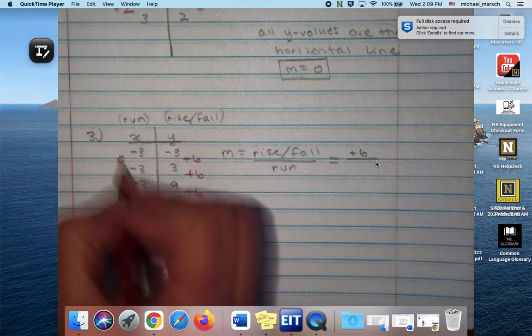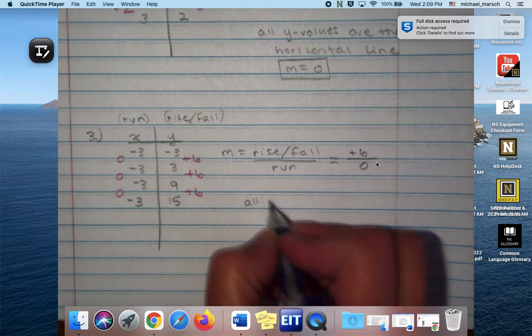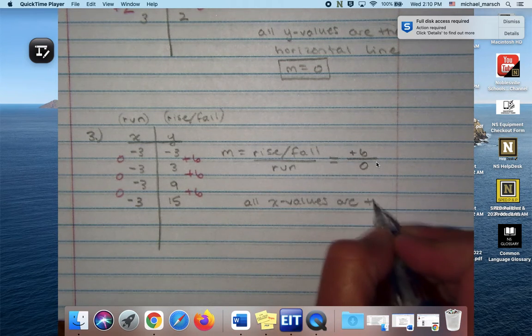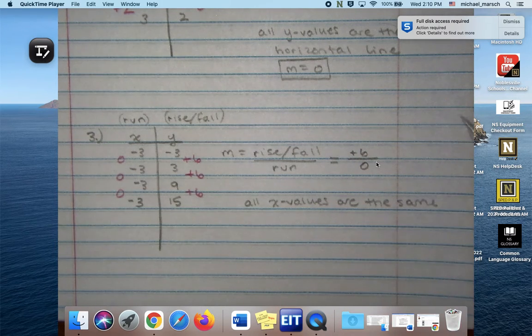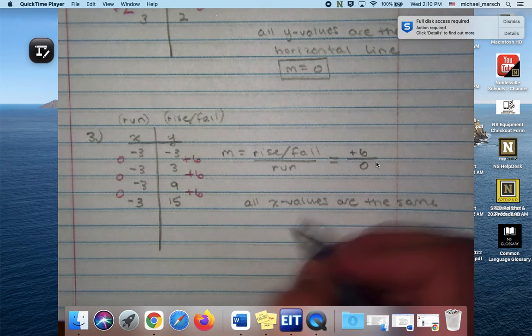And my run changes 0. So that tells me all x values are the same. So if all y values gave me a horizontal line, what are all x values going to give me? Vertical. Vertical line.